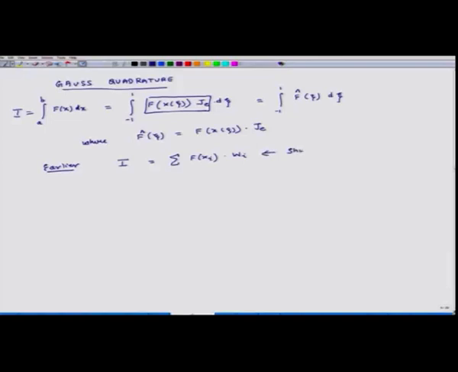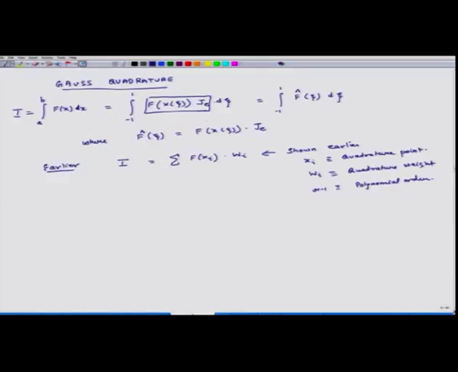This we had shown earlier, where xi was the quadrature point, wi was the quadrature weight, and r minus 1 was the polynomial order.